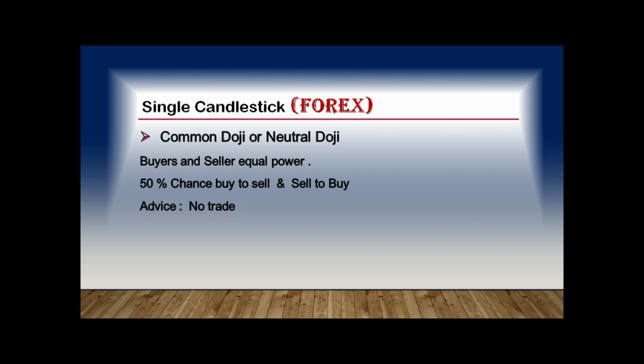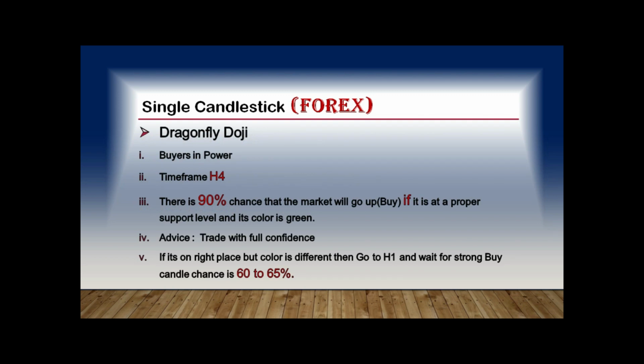When the buyers are at equal power with the sellers, it creates a push in the market which is saturated in the middle, and it also spreads to the wicks on both sides with equal power. That is where the common doji dwells in the chart. We will see further in a real chart how it looks in the real market.